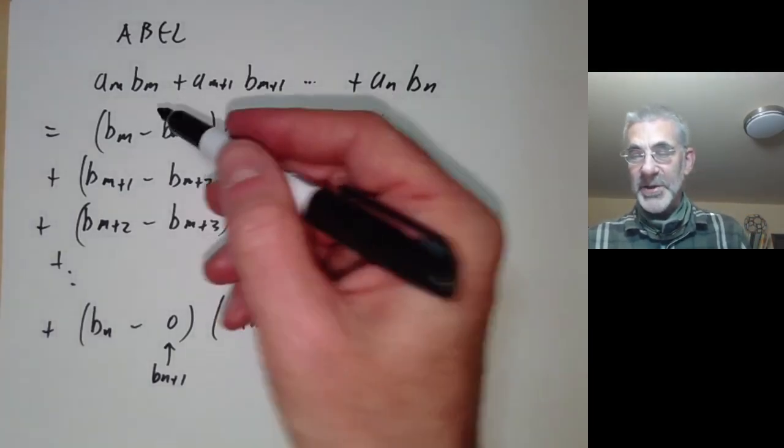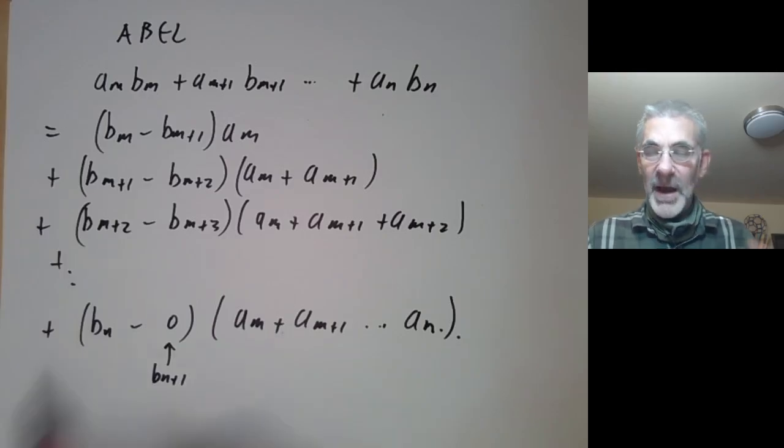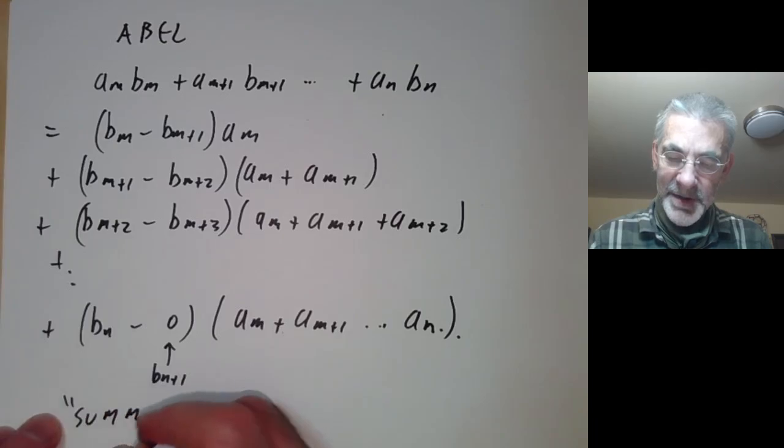And it's very easy to check. You can just work out the right-hand side explicitly, and it telescopes. If you're wondering where this comes from, it's really summation by parts.